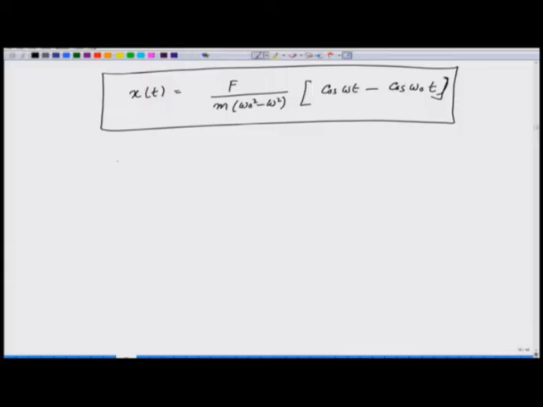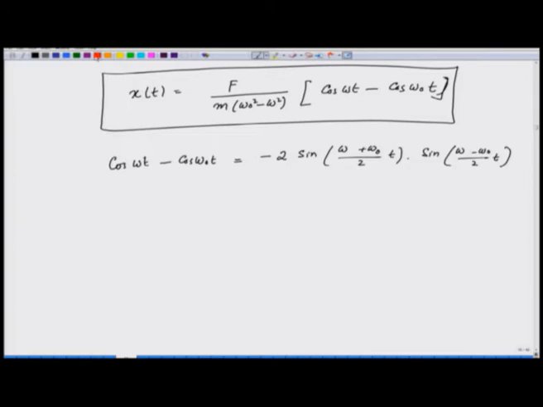I am going to now write cosine of omega t minus cosine of omega 0 t as 2 sine of (omega plus omega 0) divided by 2 times t, times sine of (omega minus omega 0) divided by 2 times t, with a minus sign in front.